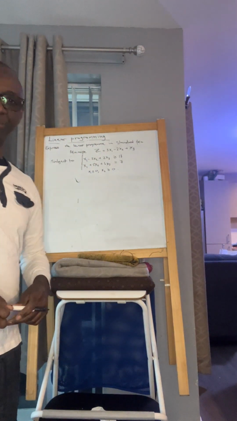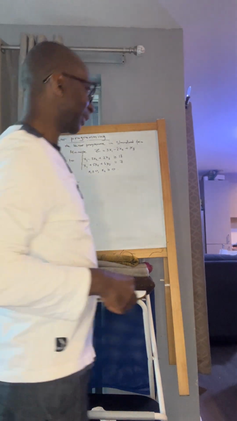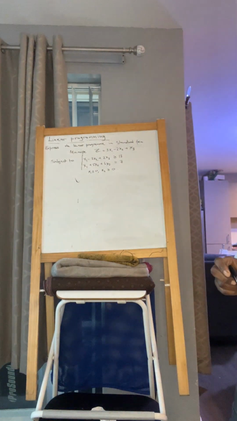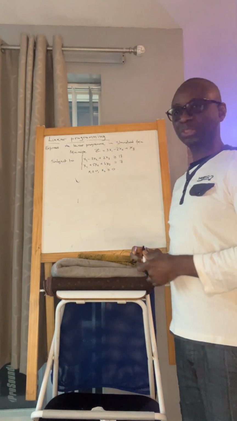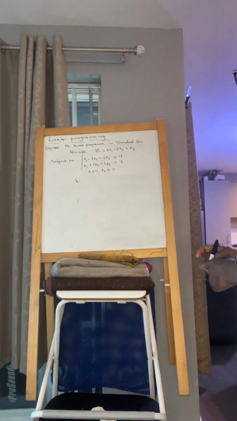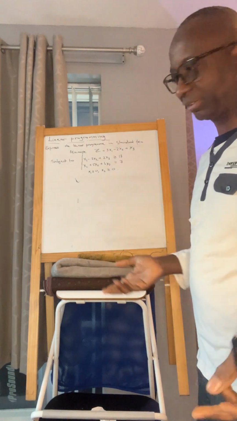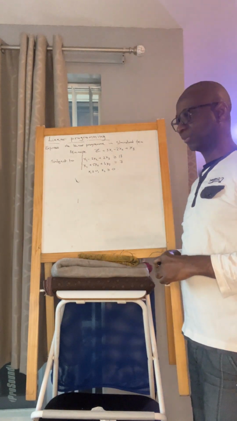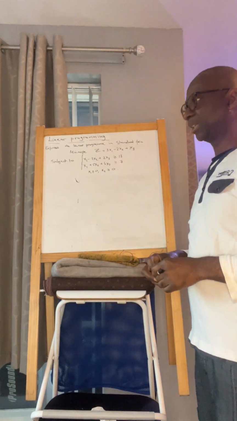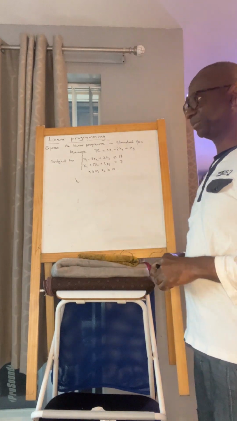Hi everyone. Now we're going to look at a problem from linear programming. Linear programming, as the name implies, is when you are faced with constraints and you want to optimize your operations. Say in a manufacturing environment, for example, you have certain machines that are slower than others, and you have a budget being allocated to you for your department.